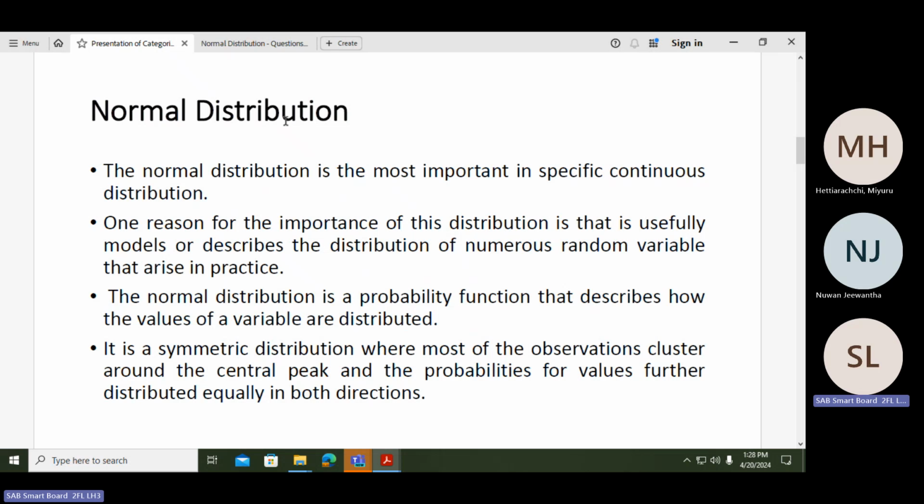Symmetric means if we move to the middle point, we have two equal parts. That is the meaning of symmetry. The normal distribution is a symmetric one, with values clustering around the central peak, and probabilities for values further away distributed equally in both directions.